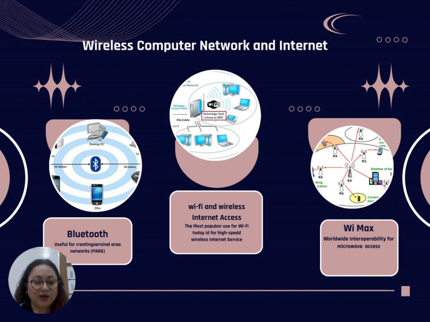Next is Wi-Fi, or wireless internet access. The first standard to gain widespread acceptance was 802.11b, which has an effective range of 30 to 50 meters and can transmit up to 11 Mbps in the unlicensed 2.4 GHz band.